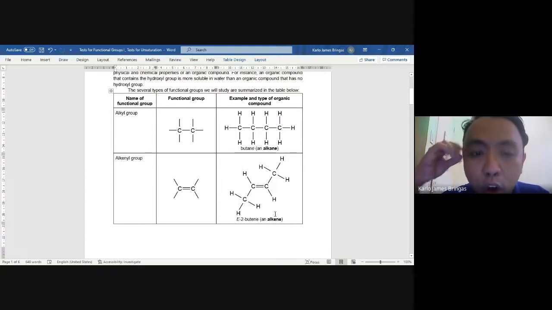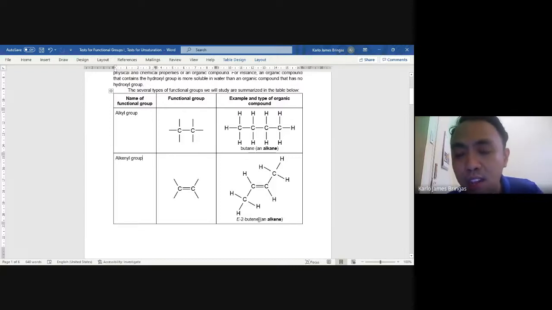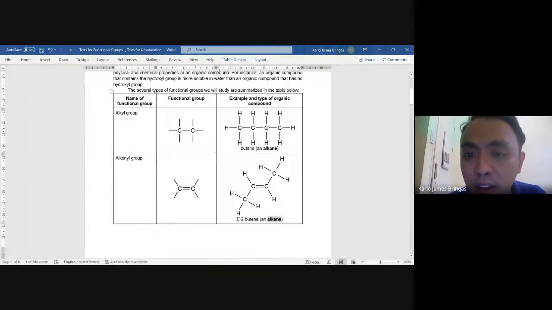An example of a compound containing the alkenyl group is this one, E-2-butene. E-2-butene is an example of a compound known as an alkene. Alkenes are organic compounds containing a C=C double bond.